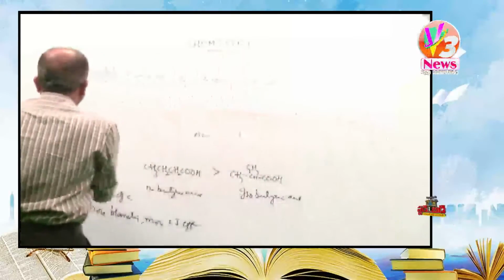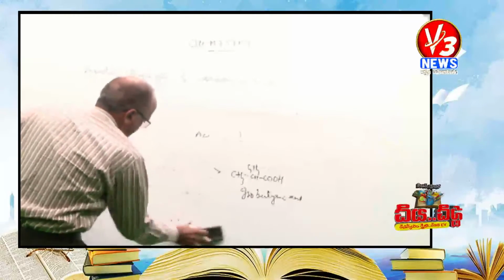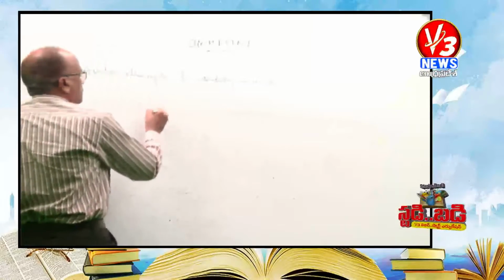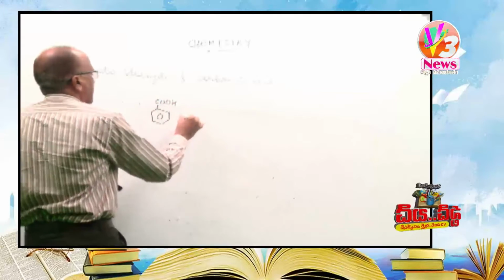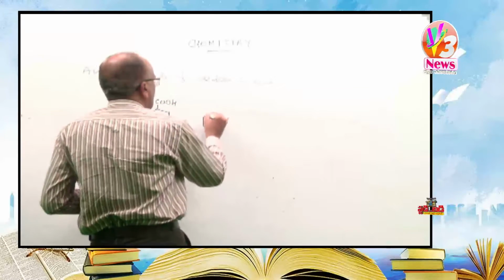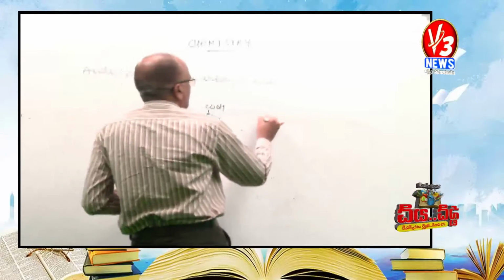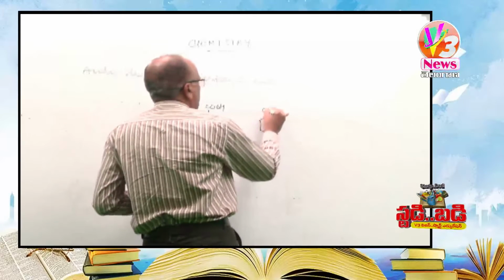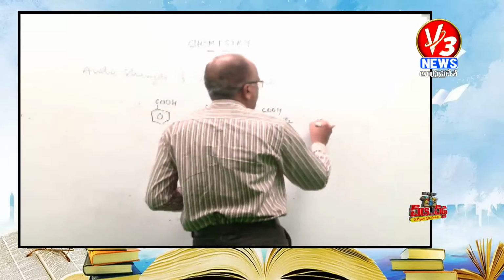Then if we take some more examples like this, some substituted benzoic acids, COOH, here let it be NO2, dinitrobenzoic acid, trinitrobenzoic acid.